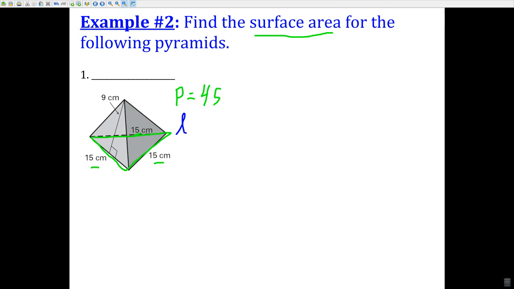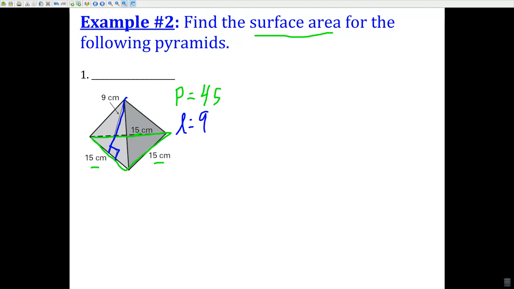Look at that. It creates that right angle. It goes through the middle of that lateral side. Not the lateral edge, it's the slant height, right? 9.